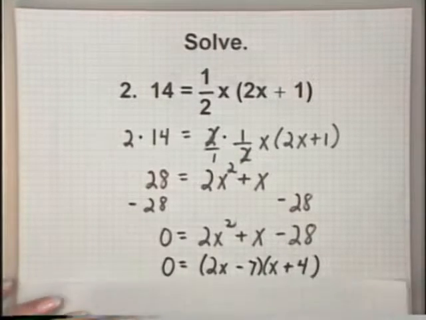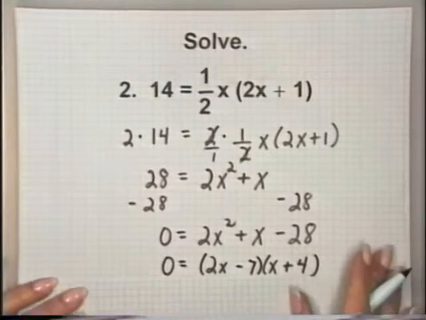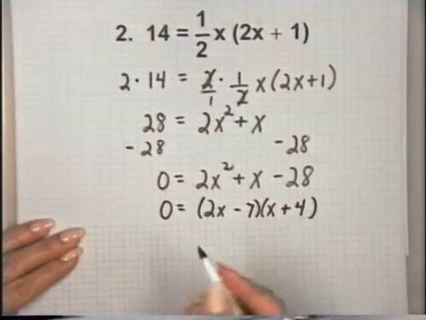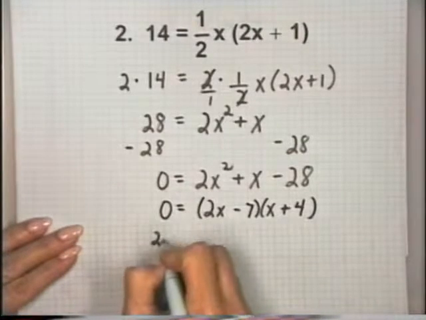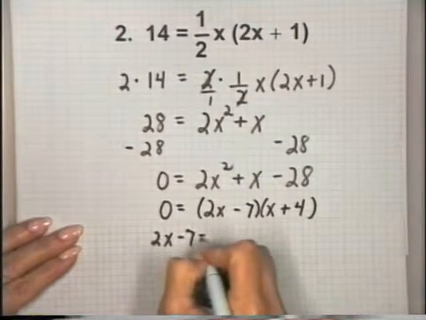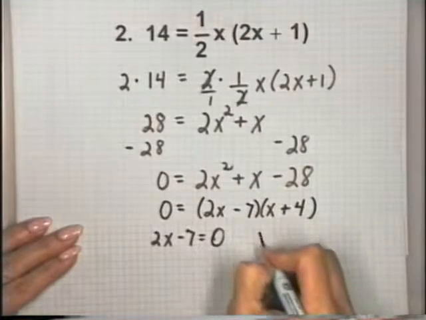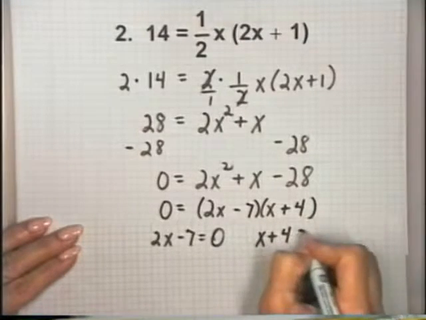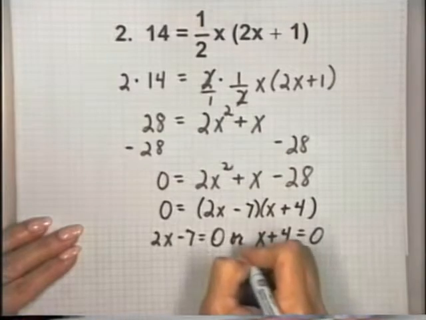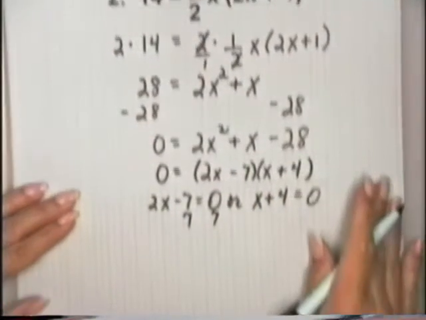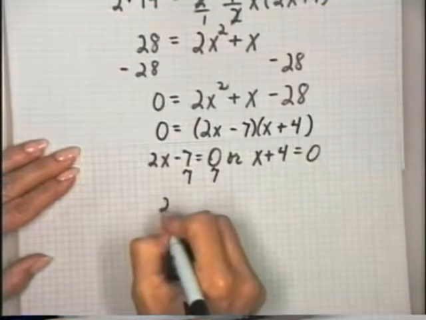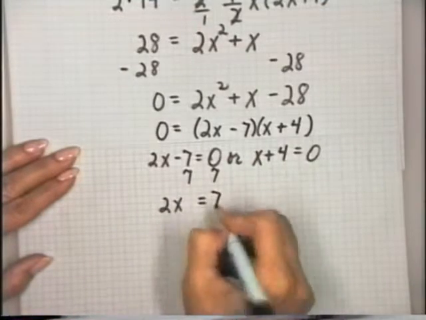I may now use my zero principle that says that if I have a product equal to 0, then one of my factors must equal 0. So let's set 2x minus 7 equal to 0 and x plus 4 equals 0. Let's add 7 to both sides. We get 2x equals 7.